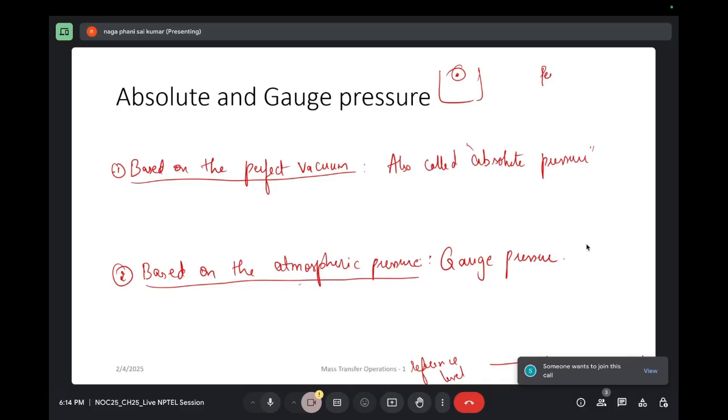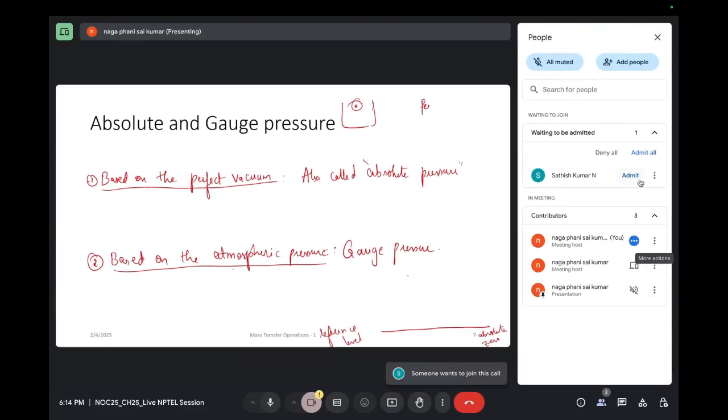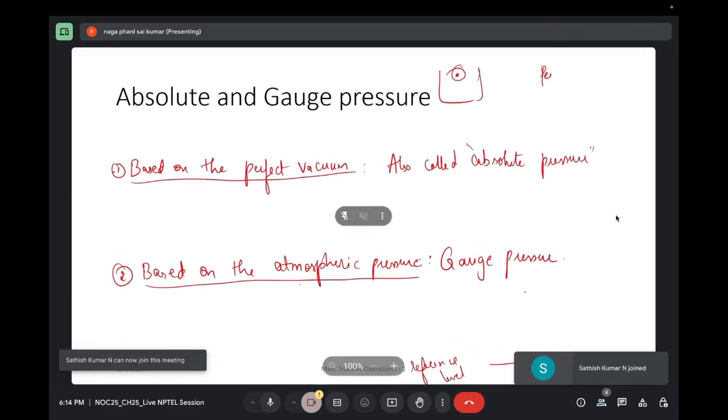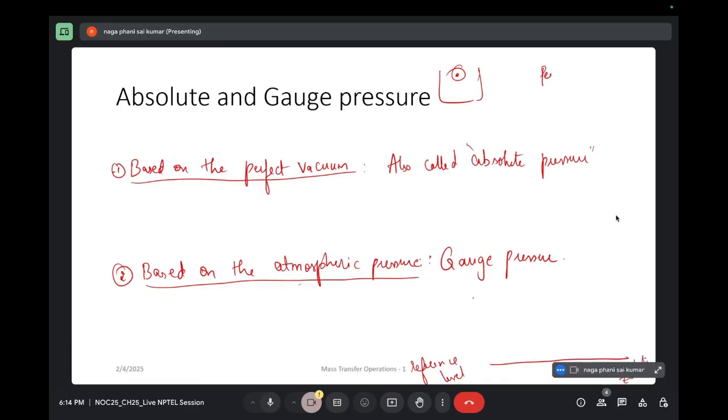This is going to be a reference line, and let's say this is atmospheric pressure, 1 atmosphere, and the quantity which we measured has a pressure of 2 atmospheres.